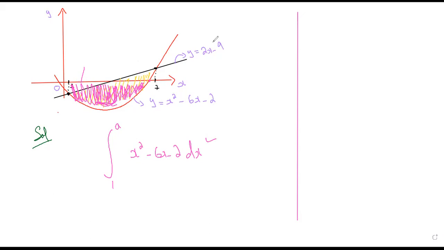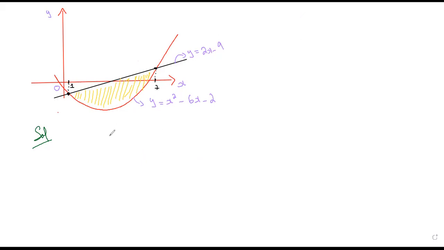For these questions, whenever you have such scenarios, I'll tell you the exact solution, and this is going to work every time. When you have the area between two curves, one a straight line and the other a parabola, this is how we do such questions.